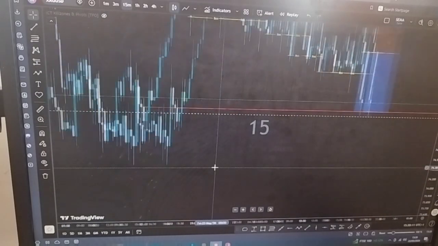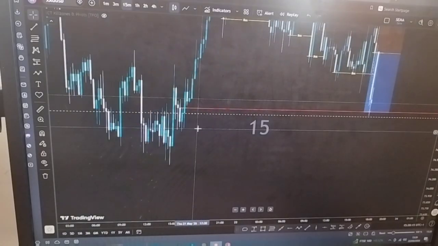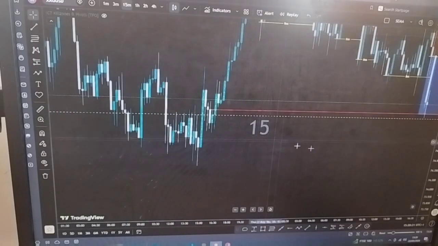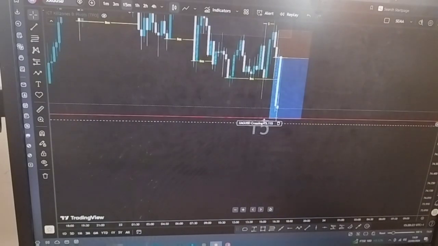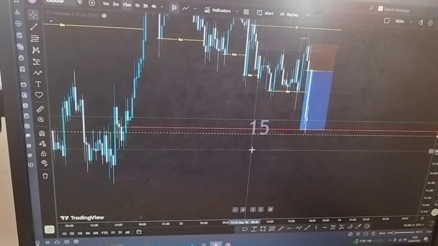Look at right here. You see this other block right here in 15 minutes. Let me zoom this clearly. You see this other block, this last candle here. Then that's where I targeted for my take profit. So I put a red horizontal line there, and that's where the market drops straight down, okay, to hit my take profit. Okay, so that's just it.